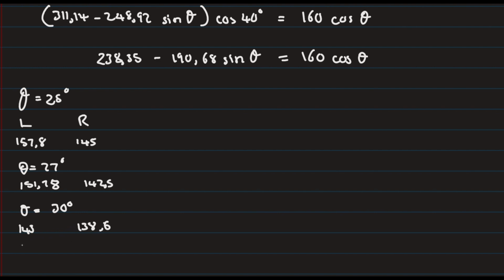So let's try theta equal to 32 degrees. The left hand side: 238.35 minus 190.68 sine of 32 gives us 137.3.